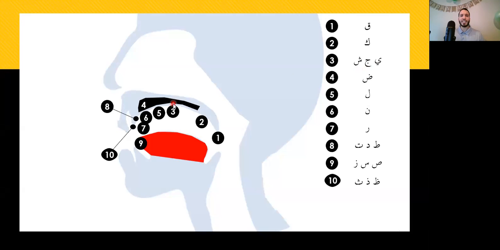So let's start with the ya. Ya, ya. Note that with ya, your tongue is not touching anything, but the tongue is moving, right? And that's why it is considered a letter that is coming from the tongue. Your tongue is moving in a certain way.